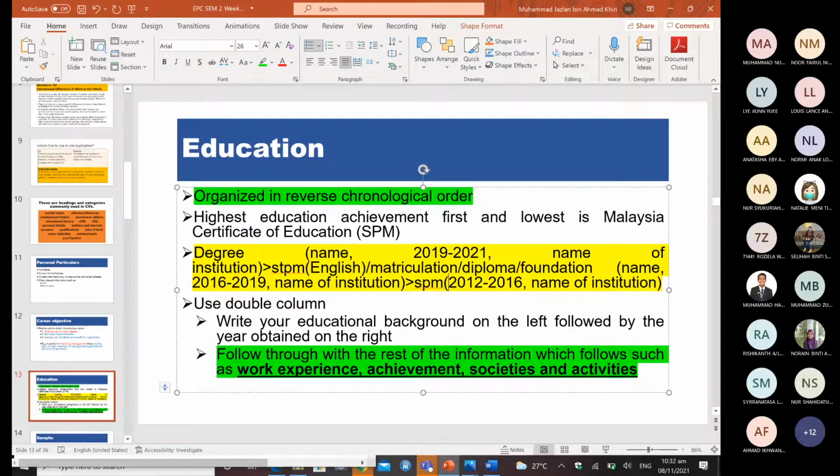SPM should be the lowest level of education you put on your CV or the video CV. If you have PT3 or UPSR, no need to include or mention that.